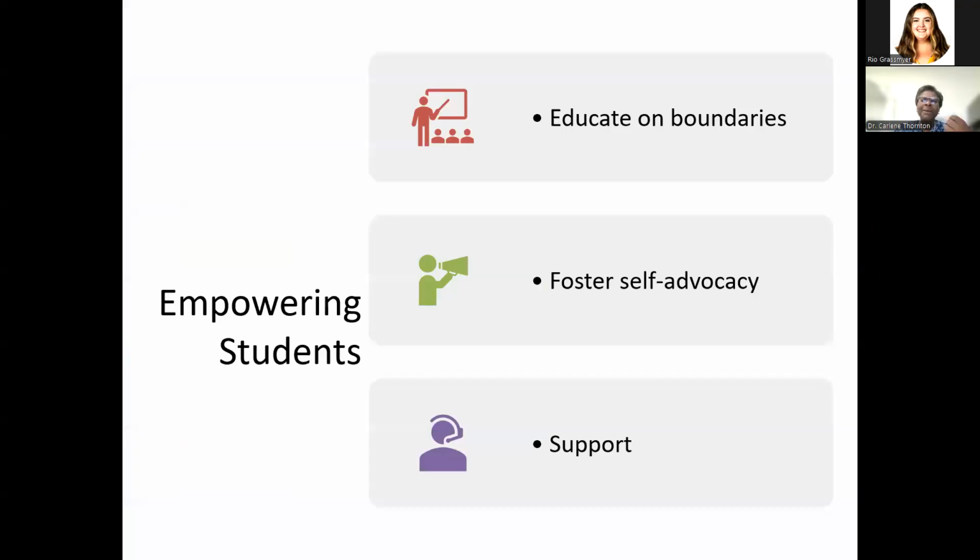So empower your students to speak up, empower them to advocate for themselves, to say that this is not right. Don't touch me. And let the students know that if they speak up against inappropriate behavior, they will not be retaliated against, that you will be there to support them.